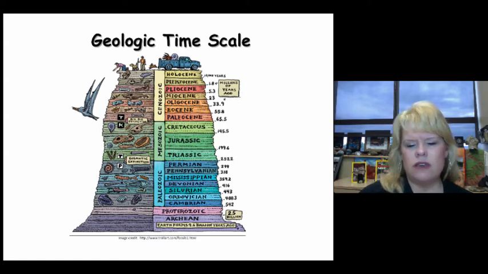But we do know, not just on faith, but on evidence in the rock record, that this time actually occurred. So each one of these divisions represents something important, and I kind of like the way this artist has depicted this important set of life forms that evolves throughout the segments of geologic time.